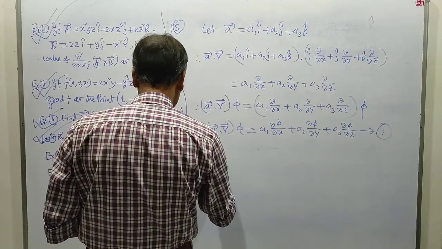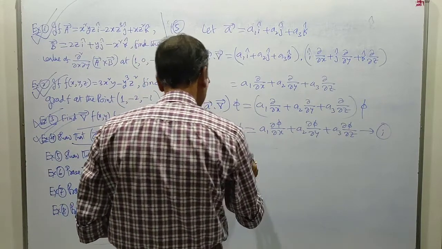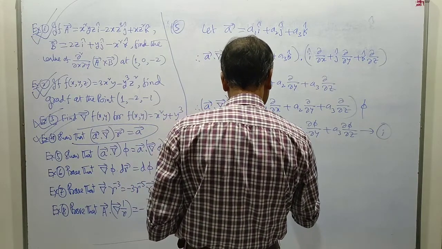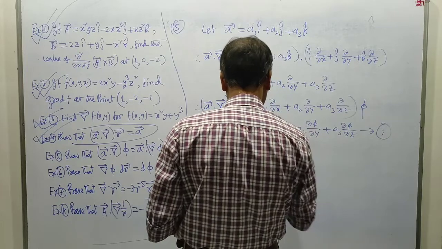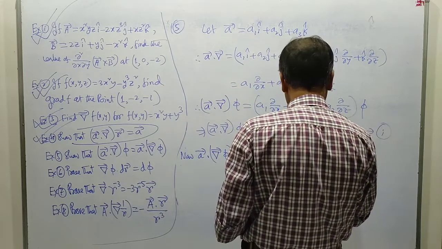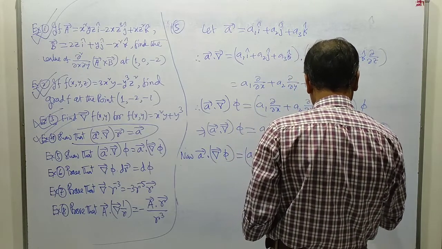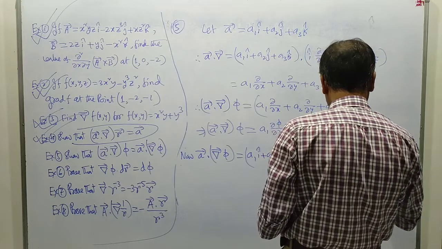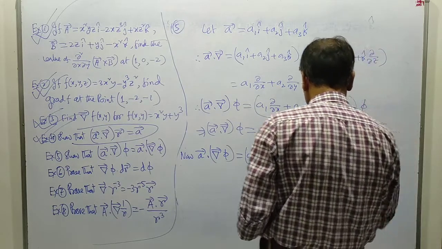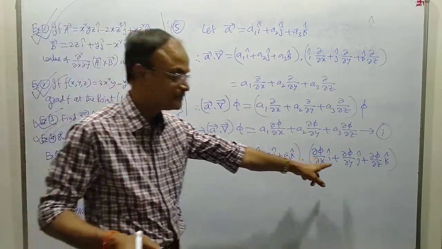Now, a vector dot gradient of phi will be equal to a1 i cap, a2 j cap, a3 k cap dot ∂phi/∂x i cap plus ∂phi/∂y j cap plus ∂phi/∂z k cap, because gradient of phi is equal to this.